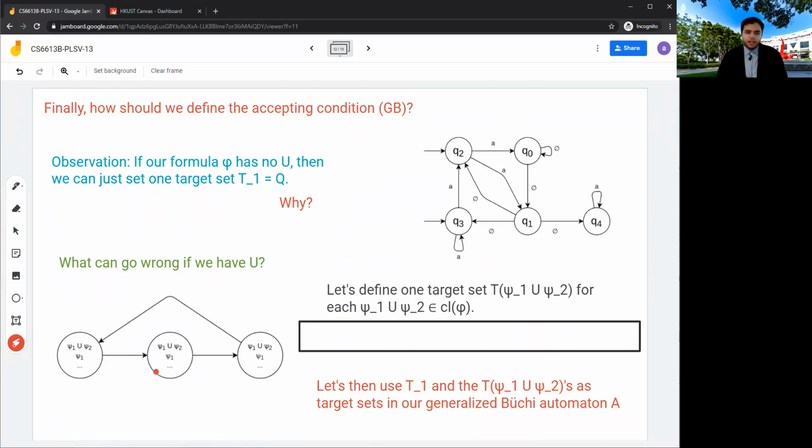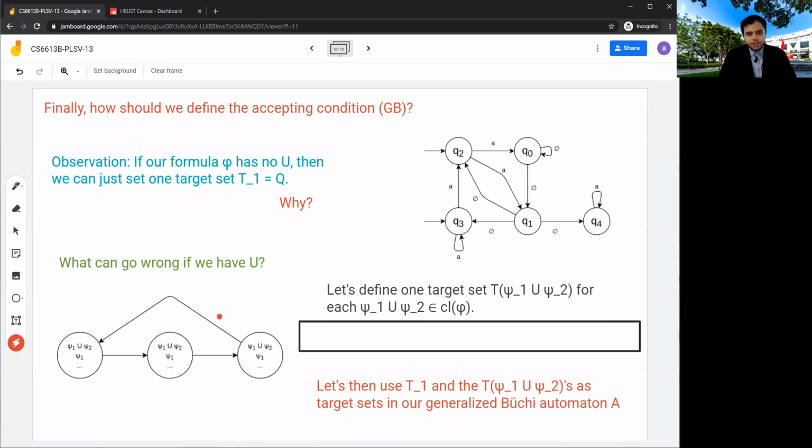But if our formula has until in there, then some things can go wrong. And here's what can go wrong. So let's say that in my automaton, I have a state here which contains the formula psi1 until psi2, and it also contains the formula psi1. So from this state, I can have a transition to another state that contains these same formulas and probably some more.